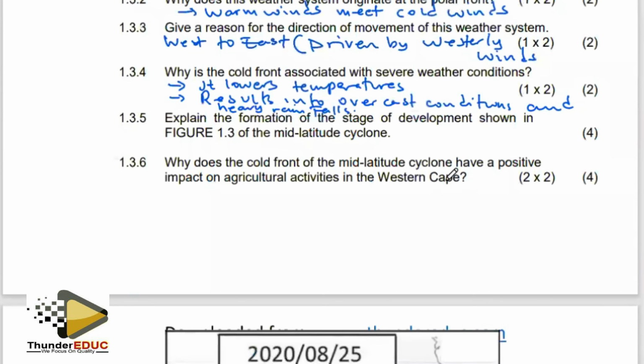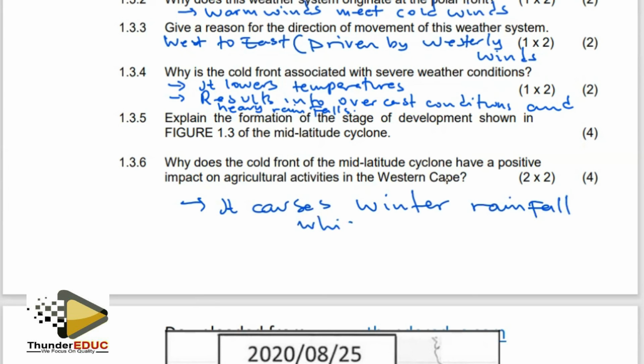For question 1.3.6, why does the cold front of the mid-latitude cyclone have a positive impact on agricultural activities in the Western Cape? Then we could say it causes winter rainfall, which favors farming.